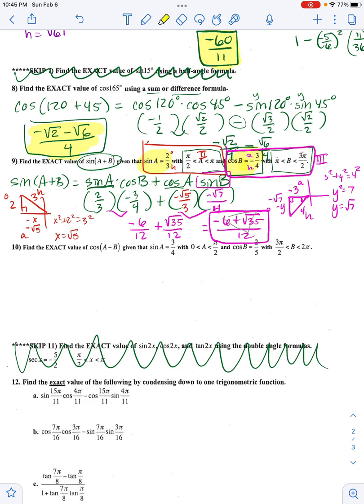So that would be my final answer, the negative 6 plus root 35, which means I need to look back at my little picture over here.